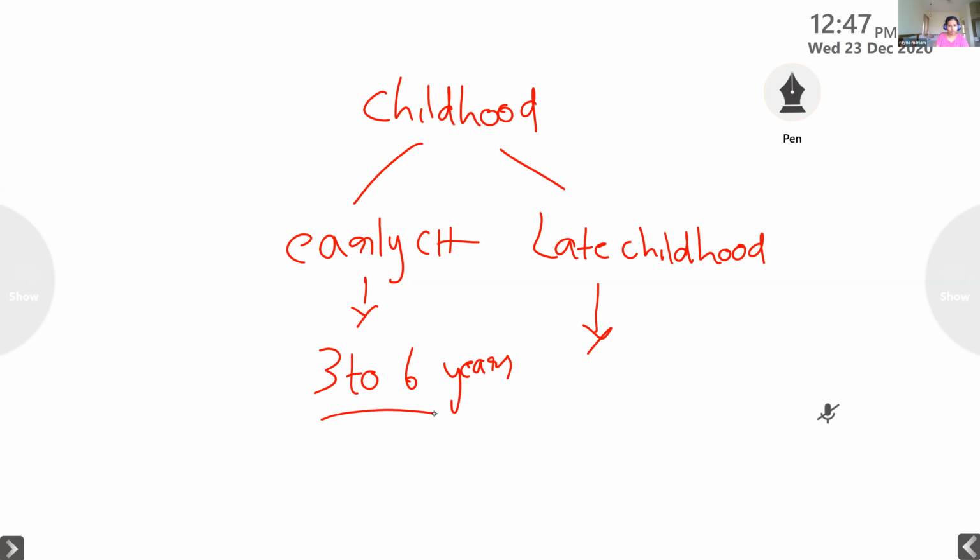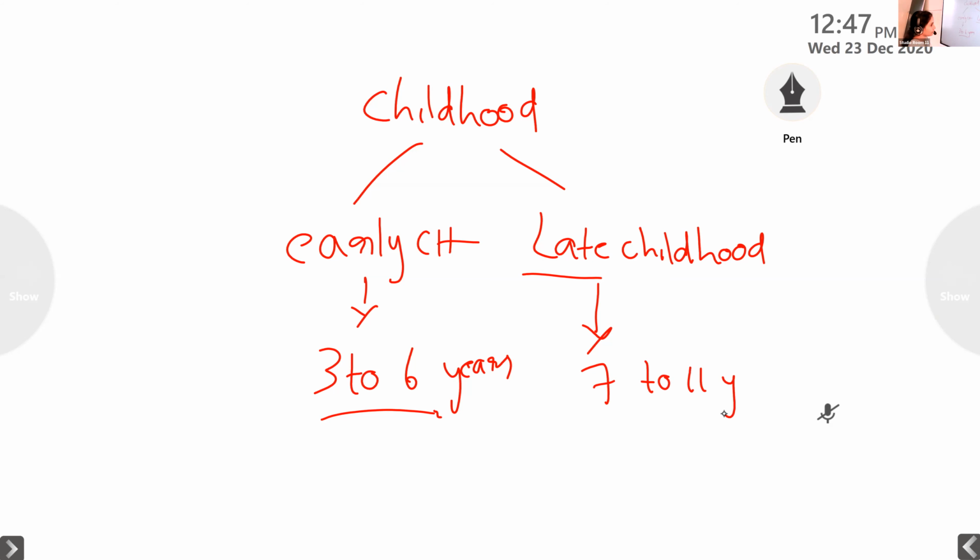After childhood, the adolescence comes, right? So late childhood is 7 to 11 years. Early childhood is from 3 to 6 years. Late childhood is from 7 to 11 years.